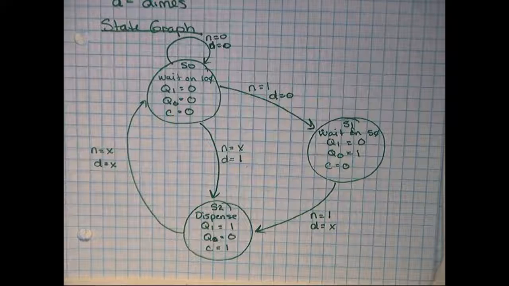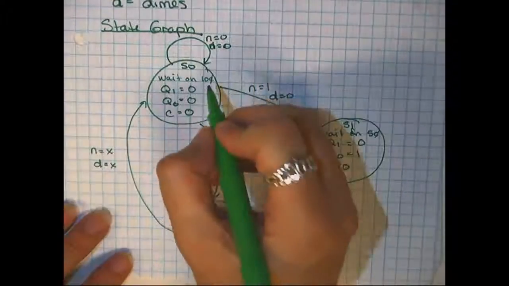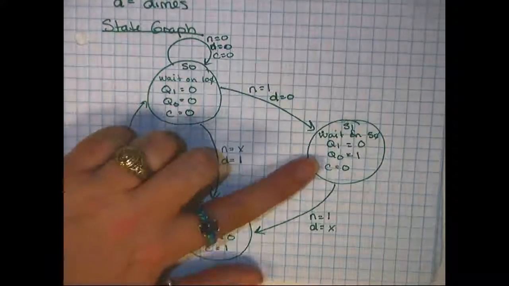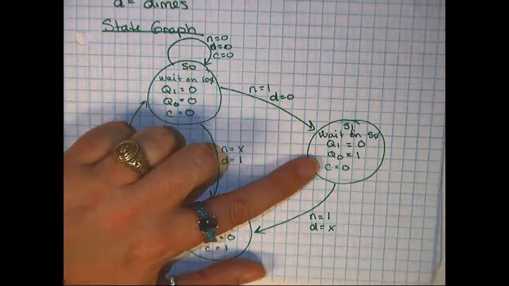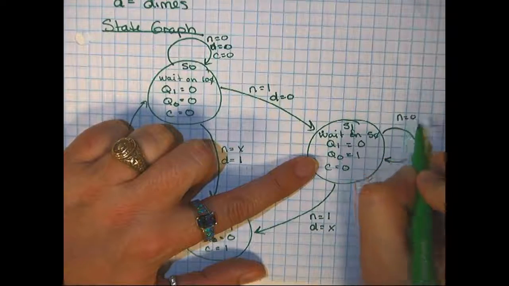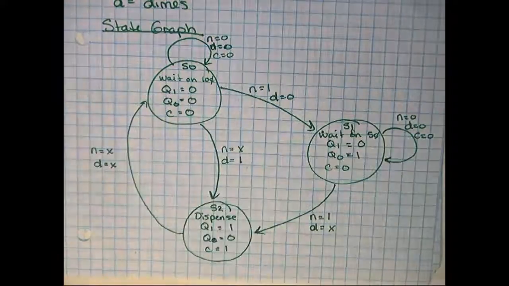We're going to need these on the next step, so that's why we're adding them. And also, we get no candy at that point. On this one, if I don't put in a nickel or a dime, same thing. It's just sitting here waiting on a nickel or a dime.